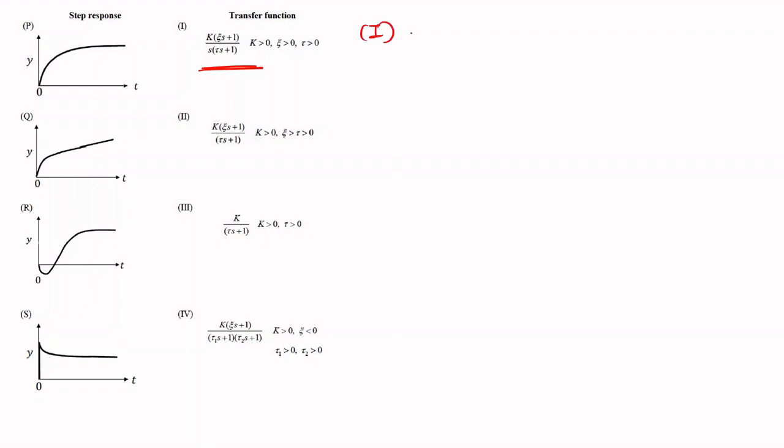So over here, the first is k upon s (zeta s plus 1) upon (tau s plus 1), where k is greater than 0, zeta is greater than 0, and tau is greater than 0. To find the response corresponding to this transfer function for the step input, we have the step input U of s as 1 upon s.